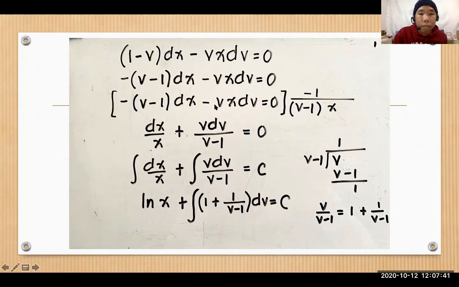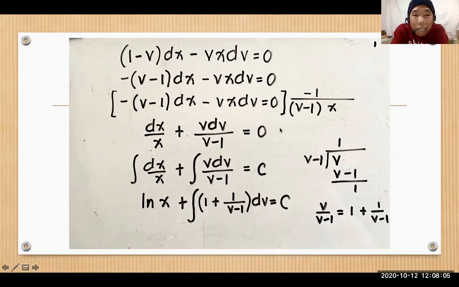This is the first term. And for your second term, by multiplying this term by negative 1 and dividing by x and v minus 1, you have v dv over v minus 1 equal to 0 times these, so it's still 0. A pure function of x, pure function of v equal to 0.